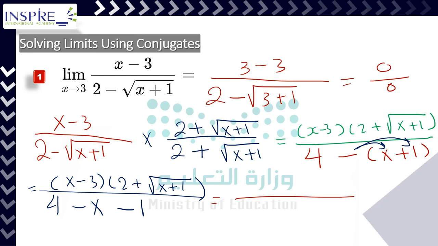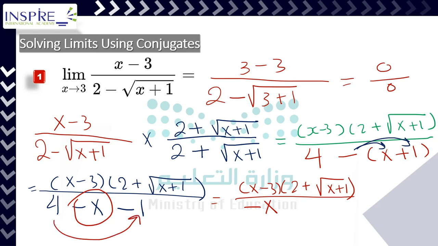Next step, we will keep the numerator the same: x minus 3 times 2 plus root x plus 1, and then we will just write negative x in the beginning of our expression, and we will add 4 minus 1, which will be positive 3.